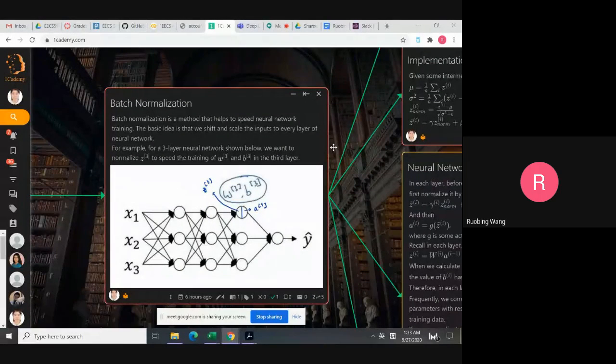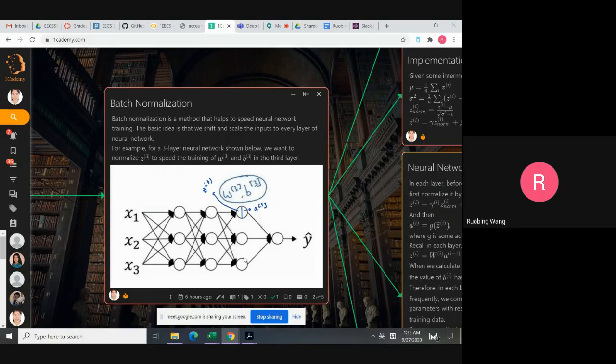This week I want to talk about batch normalization, a method that helps to speed up neural network training. The basic idea is that we shift and scale the input to every layer of our neural network. If you see the graph below, it is a 3-layer neural network. With batch norm, we will normalize every layer before we feed this Z_i into our neurons.